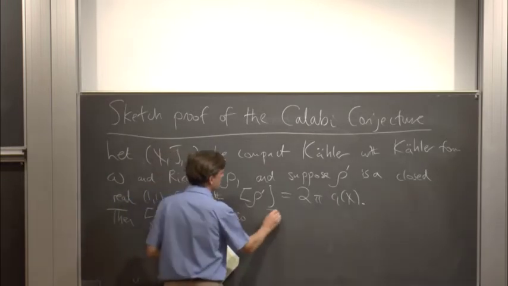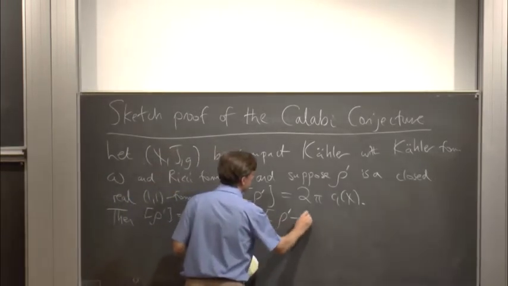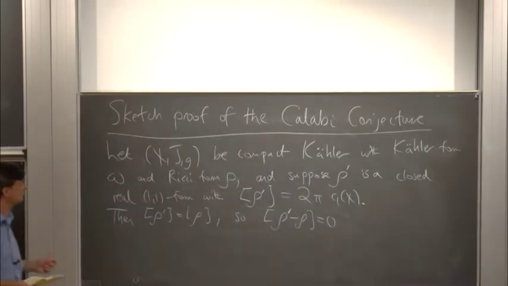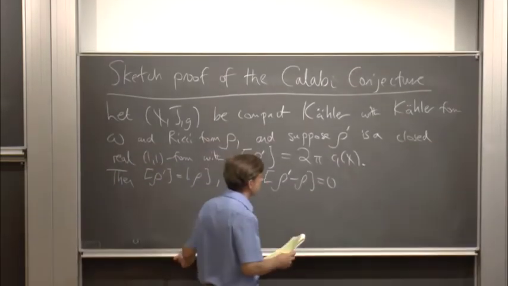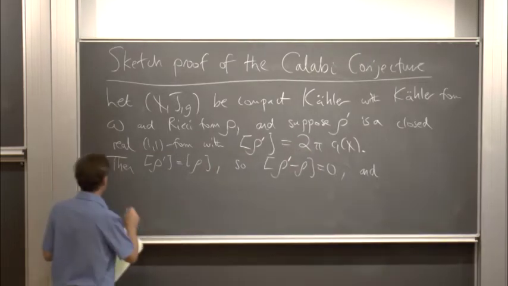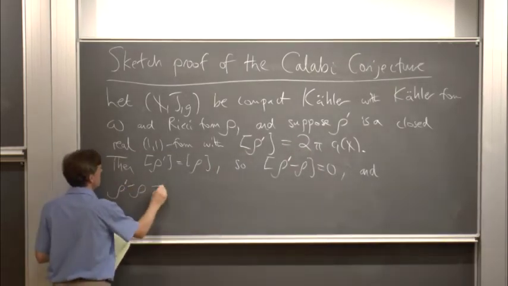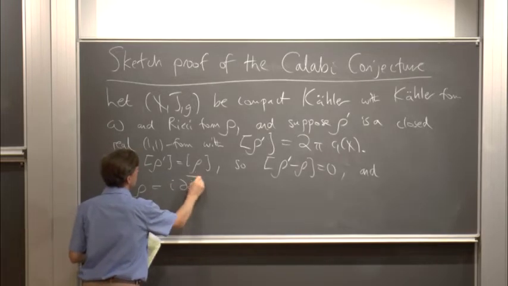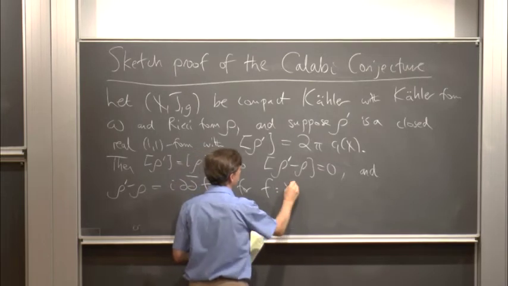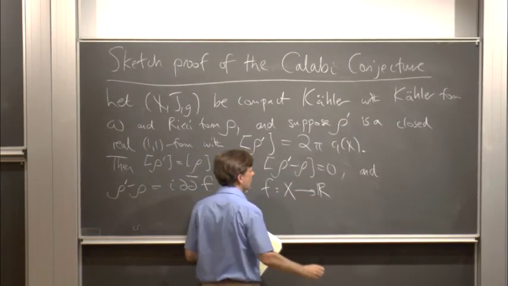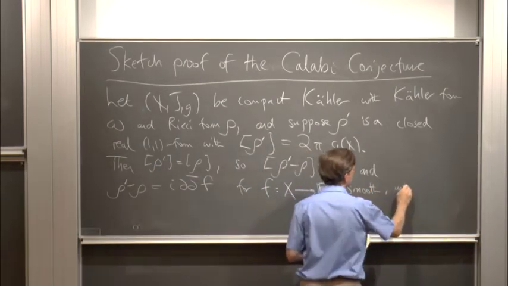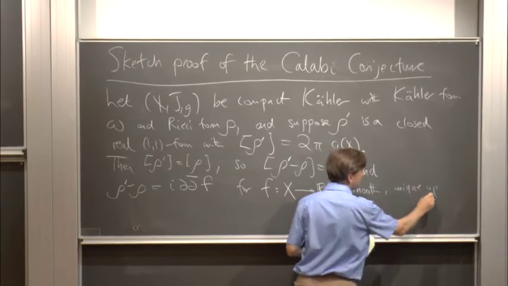So therefore the de Rham cohomology class of rho prime minus rho is 0, and it's an exact real 1,1 form. And now we can apply the dd-bar lemma. So we get that rho prime minus rho is i dd-bar of f for f from X into R smooth, and unique up to addition of a constant.